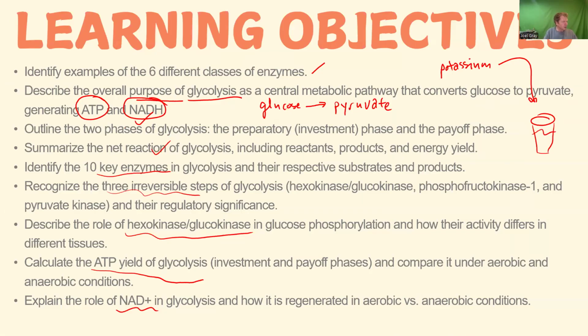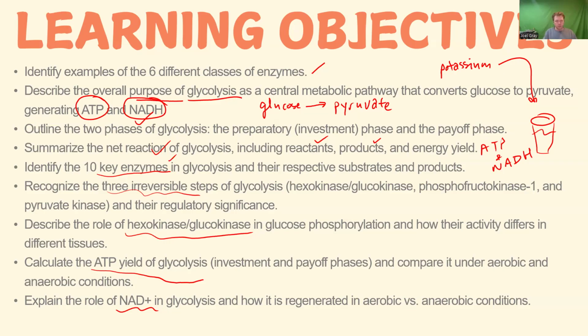I want you to know the reactants and products, and that our energy is yielded in the form of ATP and NADH. I've got one more slide after all of this on the NADH. Then 10 key enzymes. We've talked about those.